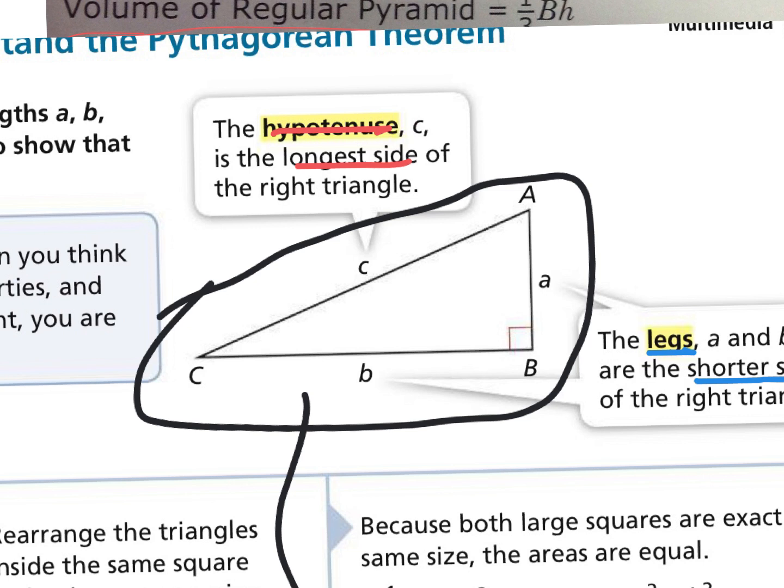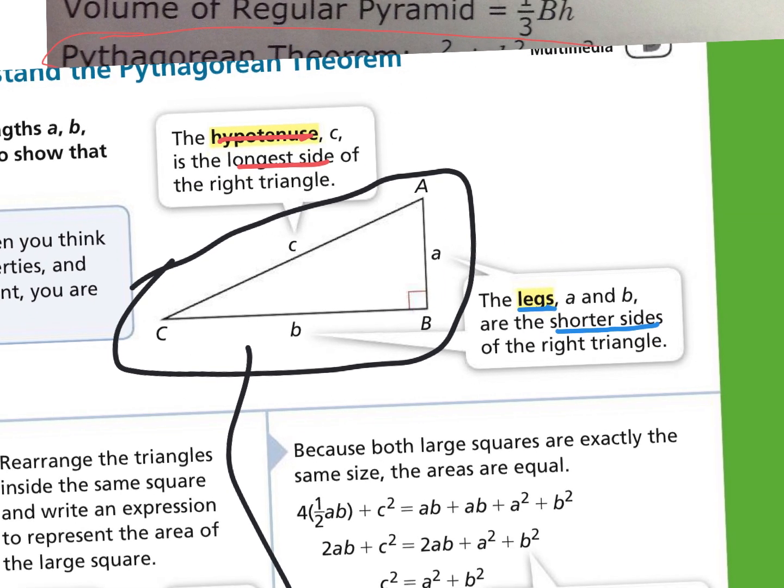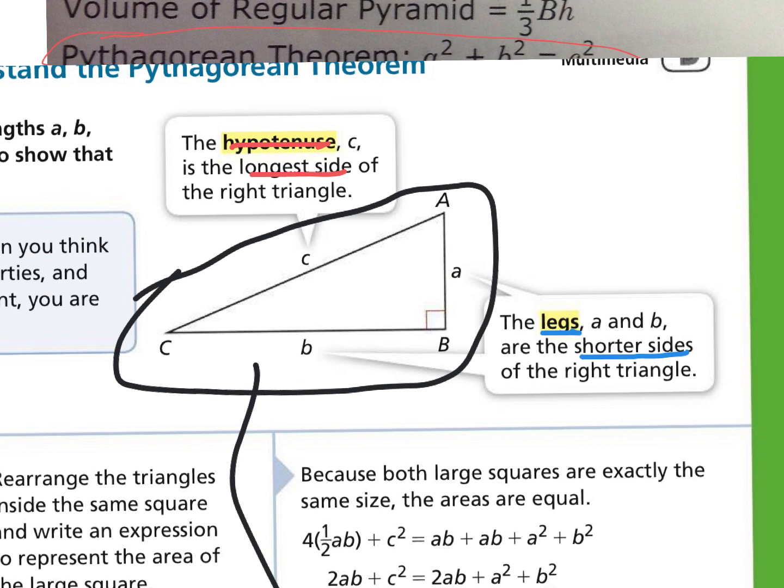Sorry, my line's a little high on that. It almost looks like I'm crossing it out. The hypotenuse is the longest side of the right triangle, and the other two sides of the triangle are called the legs of the triangle. Those are the two shorter sides of the right triangle.